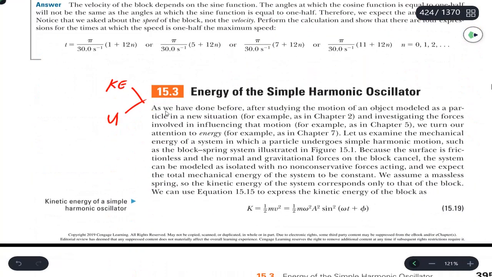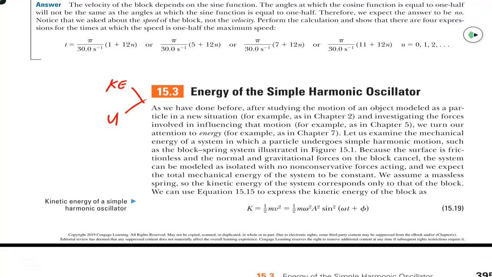So our subtopic 15.3 here will be covering energy of the simple harmonic oscillator. Aside from learning about energy, we are going to look at another example of simple harmonic motion called the pendulum.